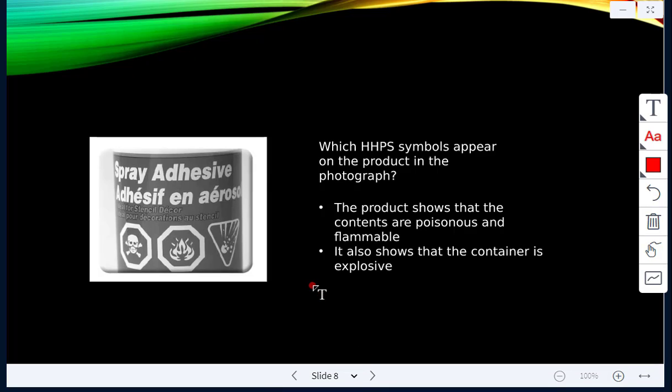For example, here it's a spray adhesive. We can see poisonous, and flammable, but we also see this triangle, which represents explosive. That means the contents inside the container are poisonous and flammable, and the container itself is explosive.